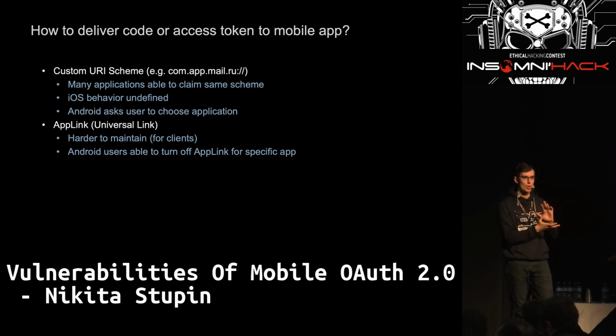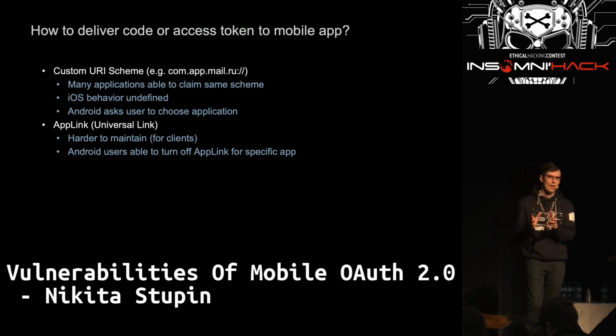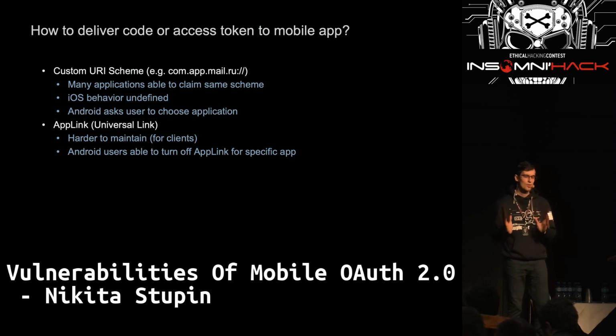We're not going to talk about app links much because they're not commonly used for these purposes, and they are not supported in some older versions of OSs. So we will focus on the most commonly used way, the custom URI scheme. What is a custom URI scheme? It's like your ordinary scheme, like https:// or ftp://.